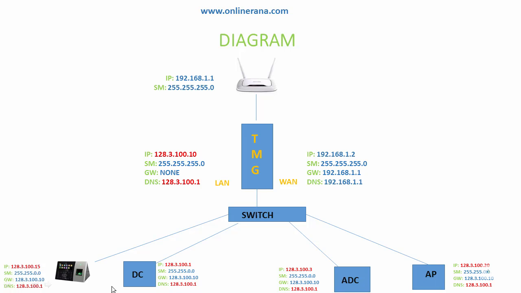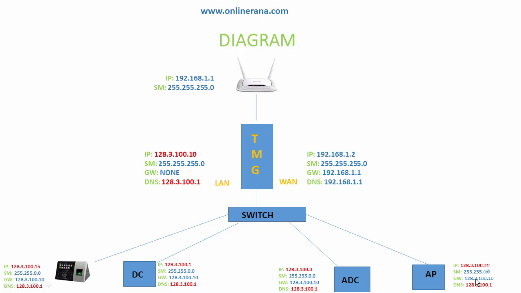You can see the gateway of the DC will be the IP of the TMG internal network. So every user and server gateway will be the IP of your TMG LAN card, which is 128.3.100.10.